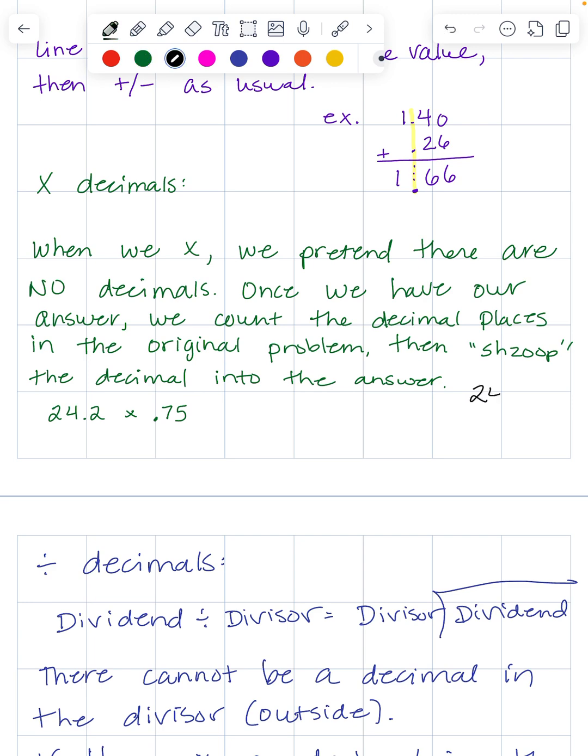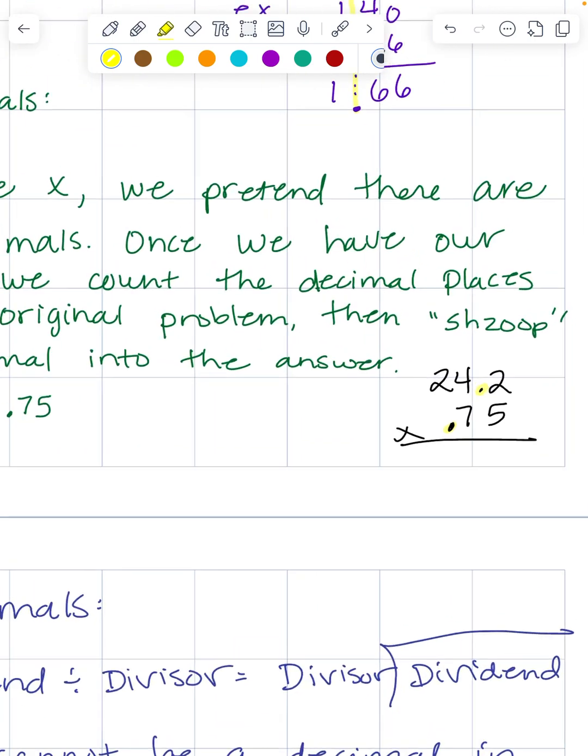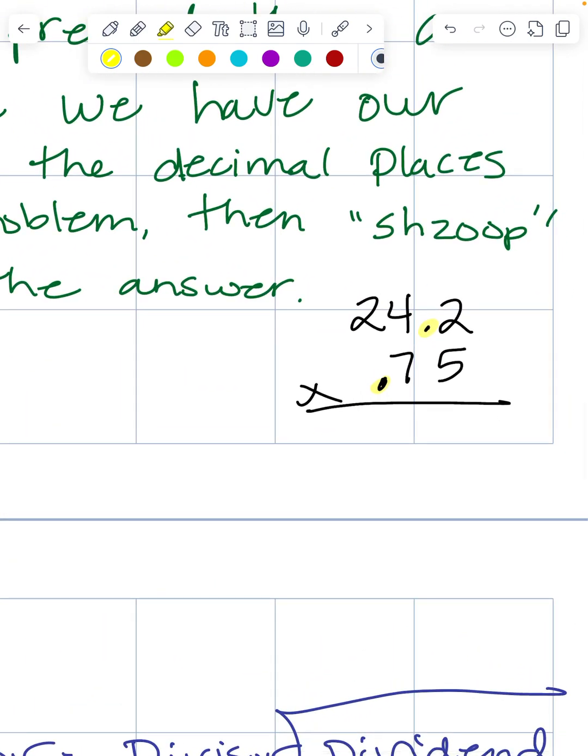We've got 24 2/10 times 0.75. You'll notice our decimal points are absolutely not lined up. And that's okay. They don't need to be. We're gonna pretend like they don't even exist. We're gonna treat this right now like this is 242 times 75.